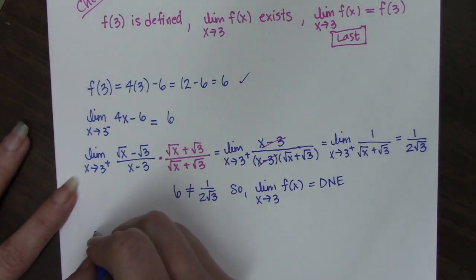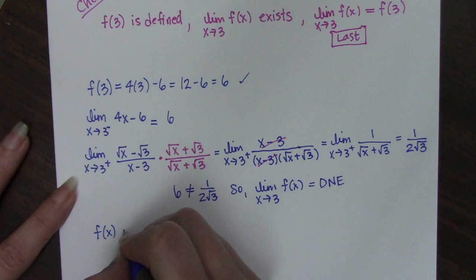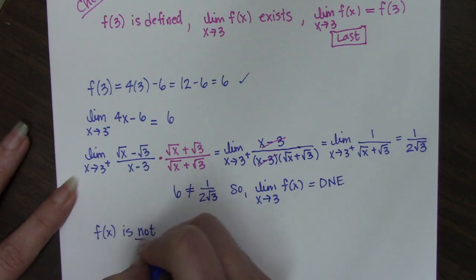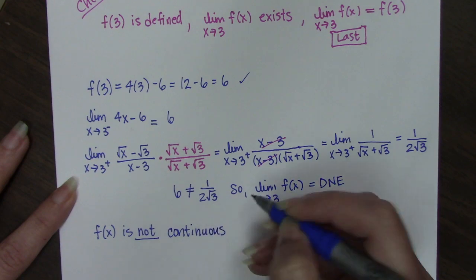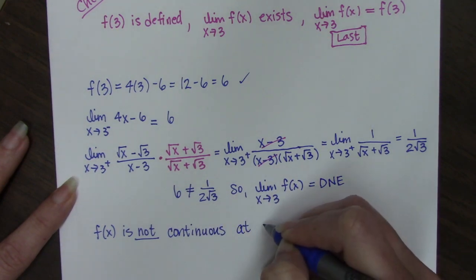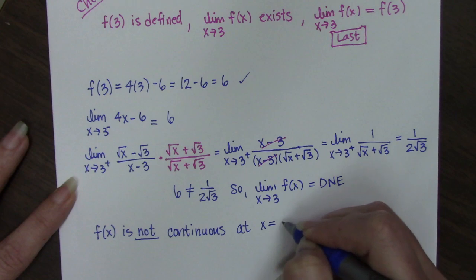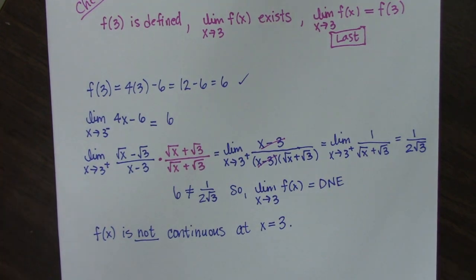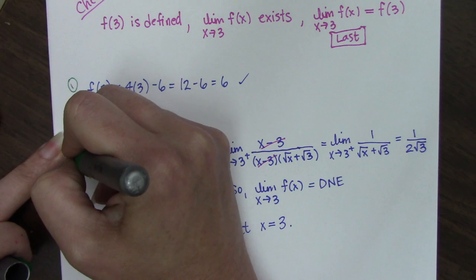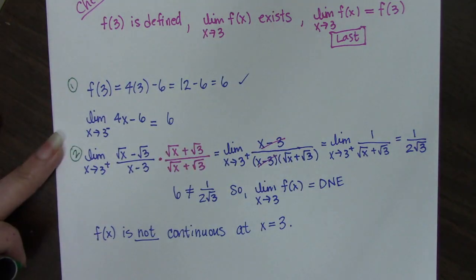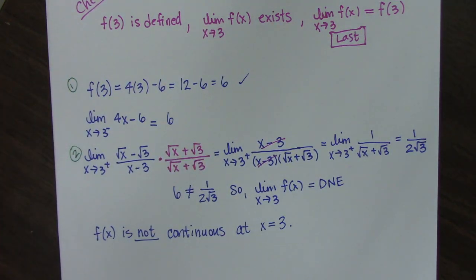So we can now claim f of x is not continuous at x equals 3. Now, suppose I had done these limits in the opposite order. Suppose I had done this step first, and I actually did the right-sided limit before I did the left-sided limit.